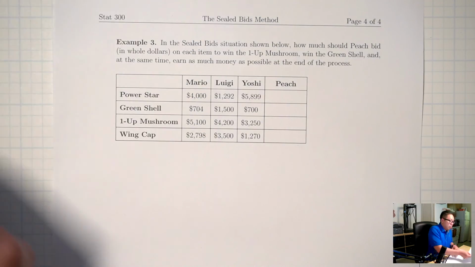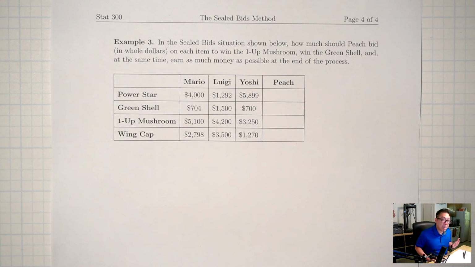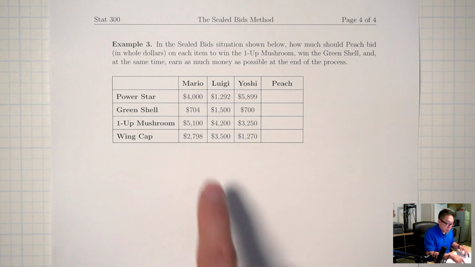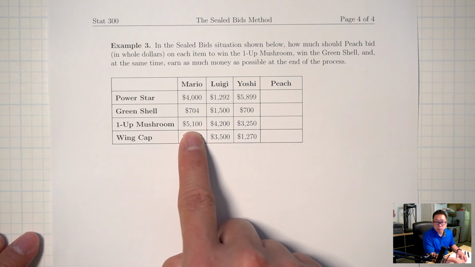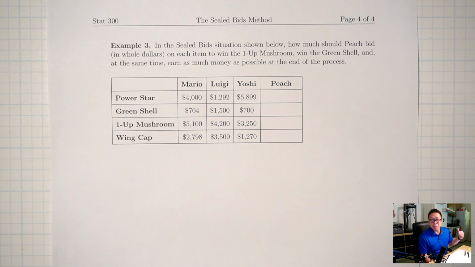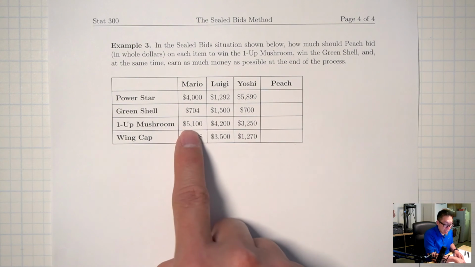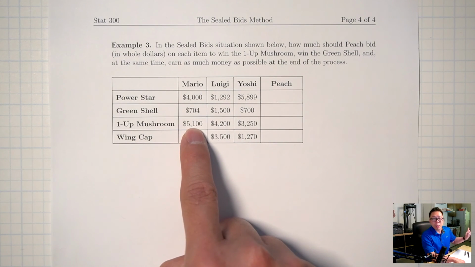So your best strategy is to be the highest bidder, but just slightly above the highest bidder, right? Only slightly. So current highest bid is 5,100. So I only want to be slightly above that. And yes, you can go like 1 cent above, but let's agree to make things simple and just work with whole numbers. So if I want the item, I'm going to look at the highest bid and go $1 above.